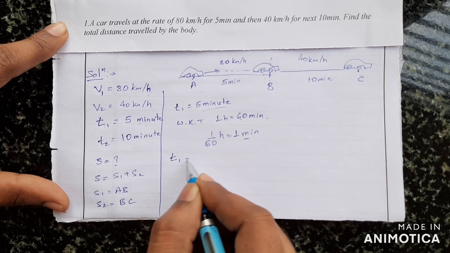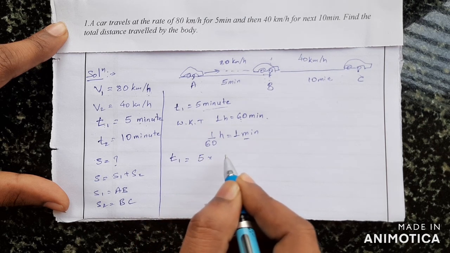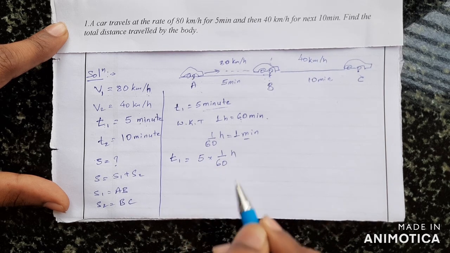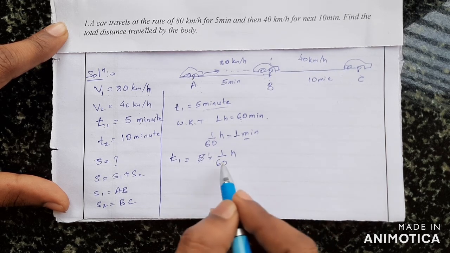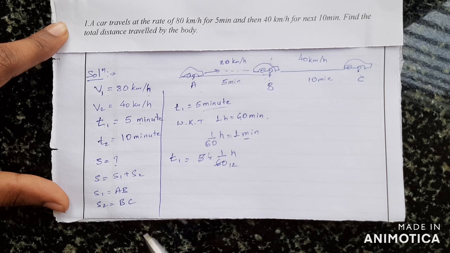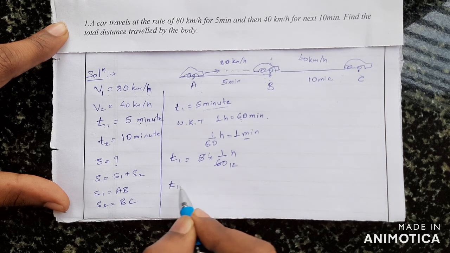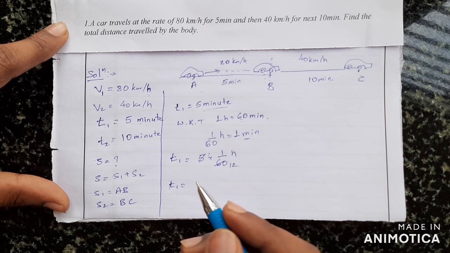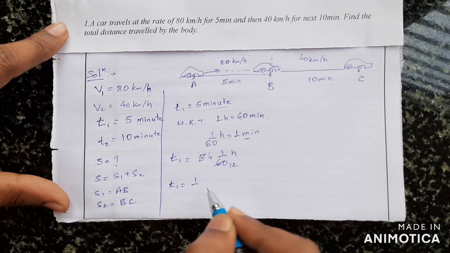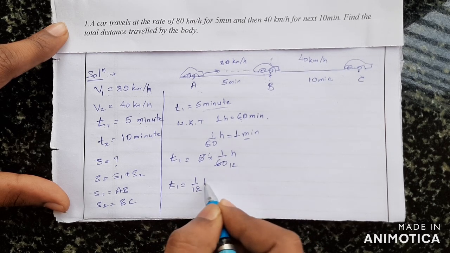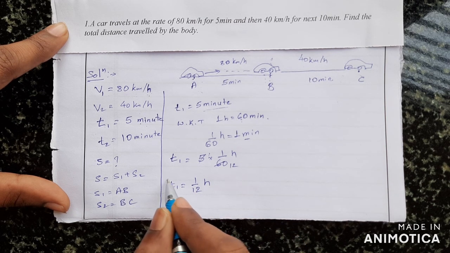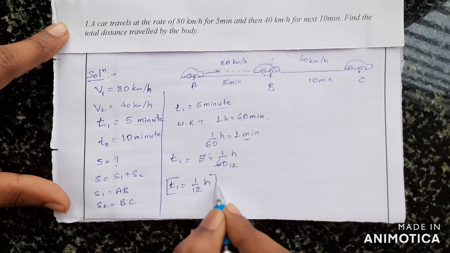So T1 becomes equal to 5 into, instead of 1 minute, 1 by 60 hour. 5 ones are 5, 5 twelves are 60, right? I can keep it as it is, 1 by 12 hour. That's also fine. So that's going to be 1 by 12 hour. So T1 we have got here.